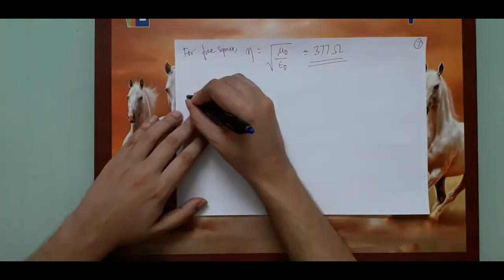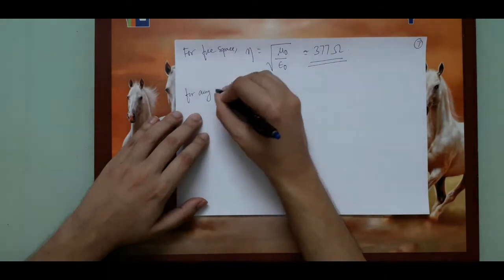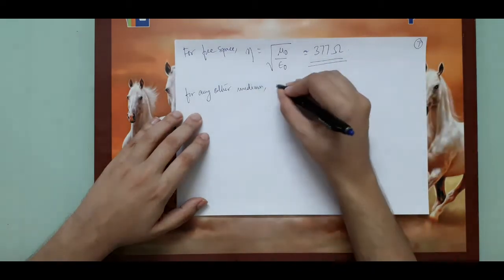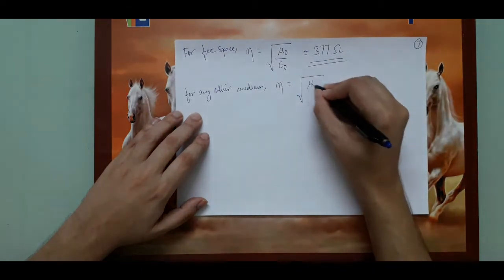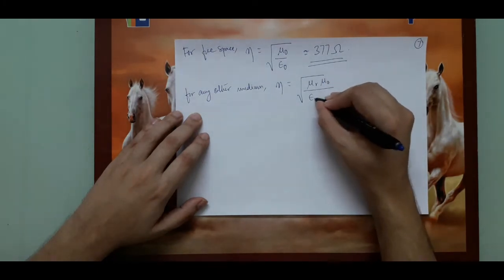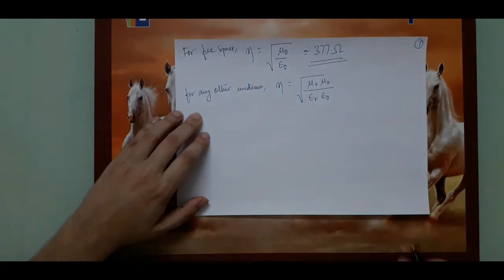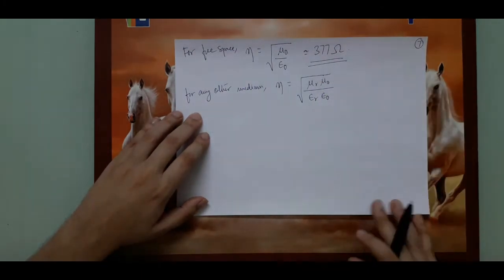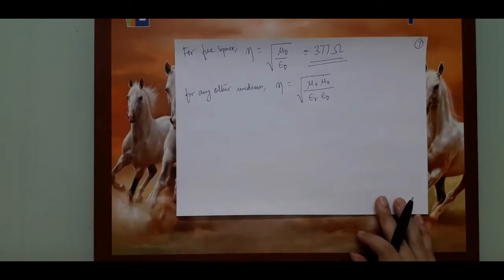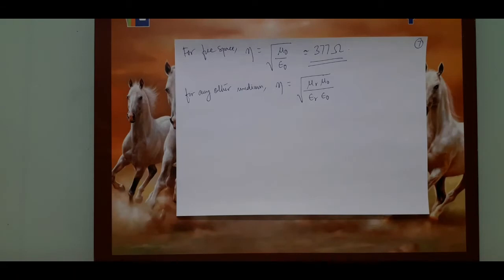So for any other medium, the eta is nothing but under root mu r mu 0 by epsilon r epsilon 0, where these two are the relative permeability and permittivity. So now this is a very important result.